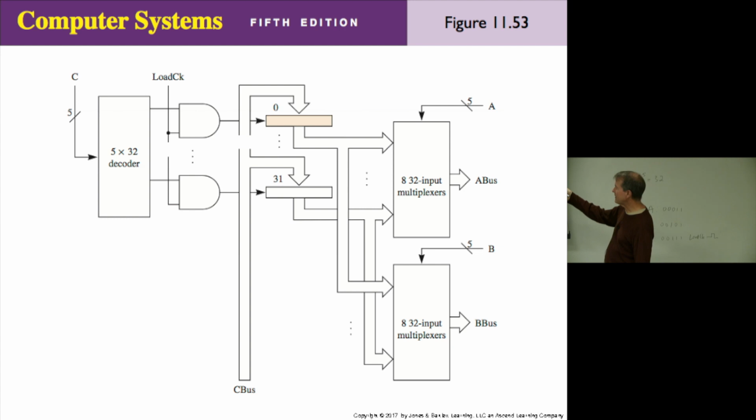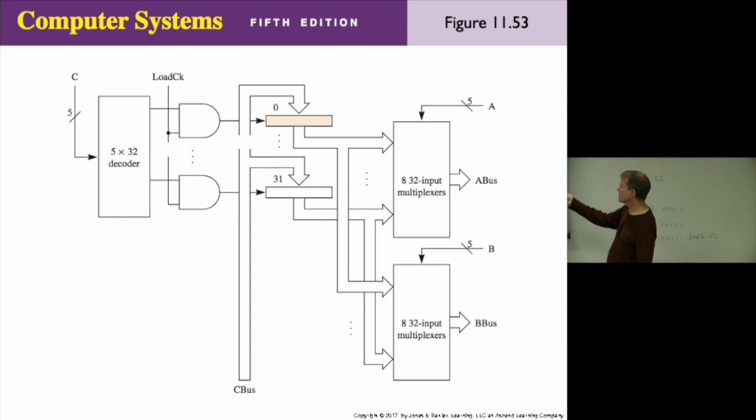And so let's take a look at this register 0. The D output of register 0, 8 of them are going into this A bus 32-input multiplexers, right? And so on up to, it's going into the A bus multiplexer, and also is going to the B bus multiplexer.